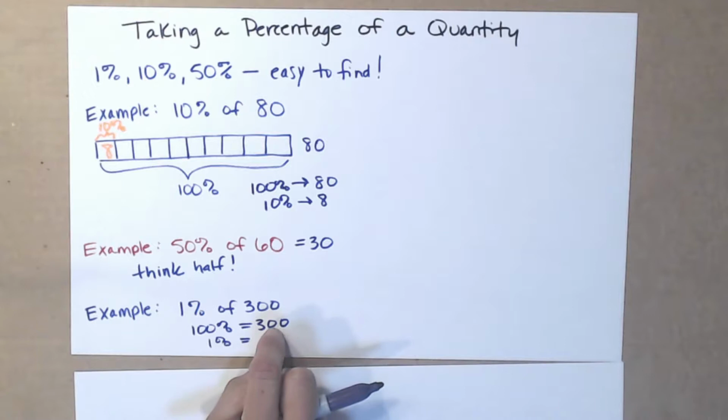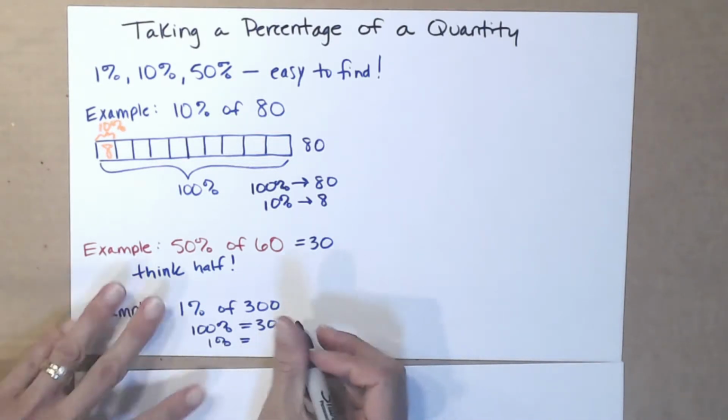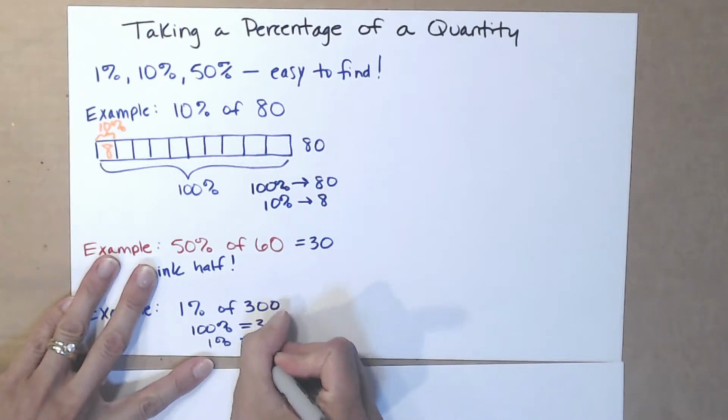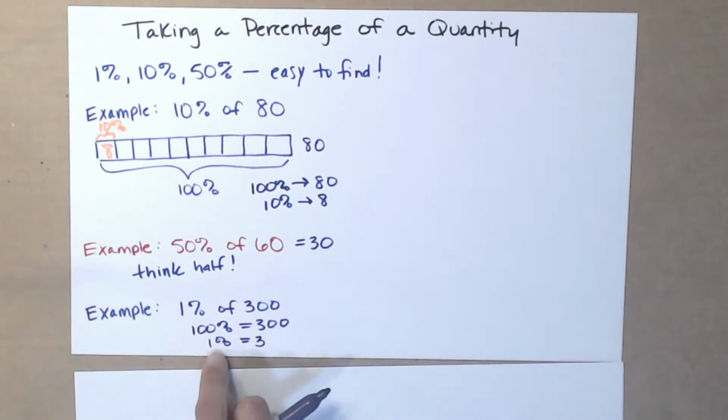So we would want to divide this by 100 to get what 1% would be. So 300 divided by 100 would be 3. So 1% of 300 would be 3. So to get 1% of a number, you just divide that number by 100.